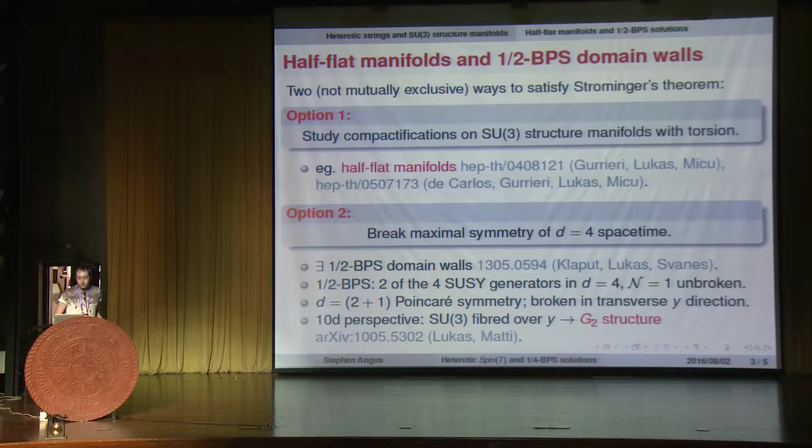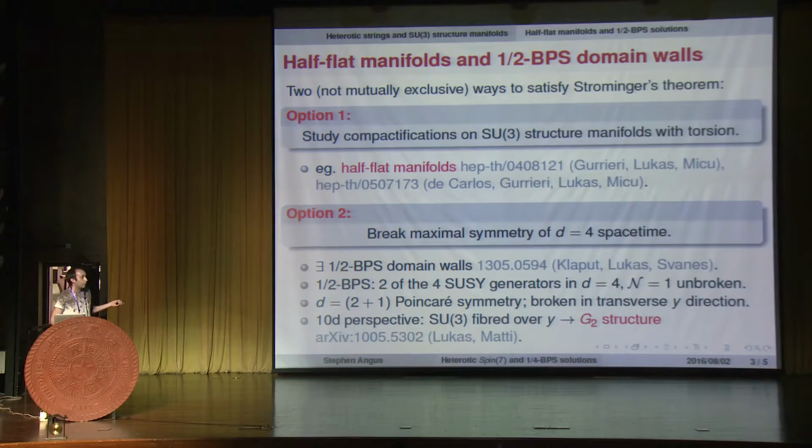In this case, work has been done on half BPS domain walls, in which 2 of the 4 SUSY generators in D=4 N=1 are unbroken, and Poincare symmetry is broken in the transverse direction. If you look at the SU3 structure fibered over this transverse direction, it looks like a 7D G2 structure.